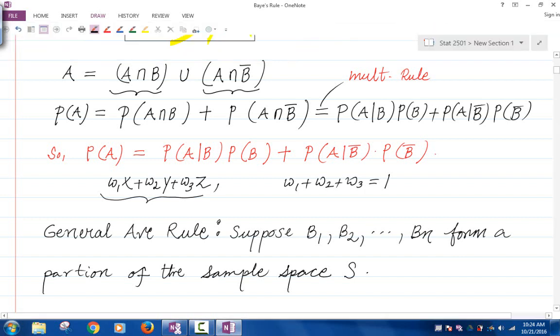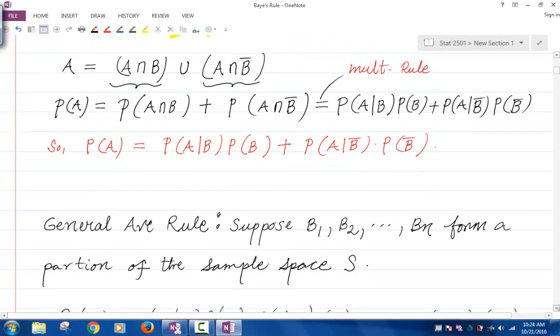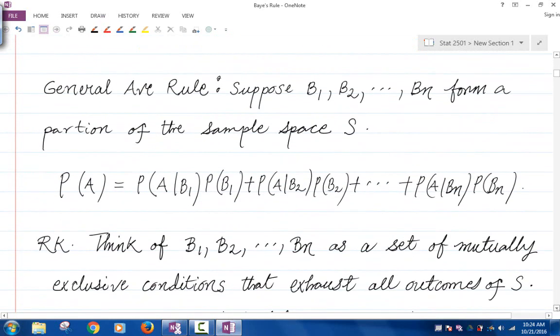All right, so generally, what can we say? Well, the general average rule is the following.